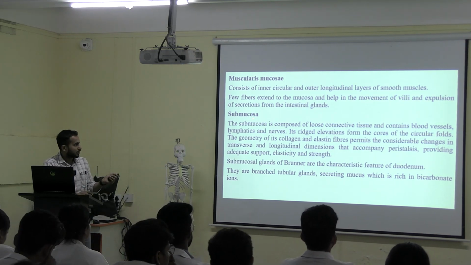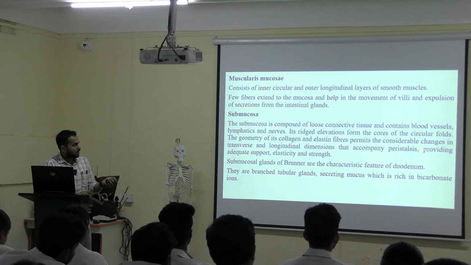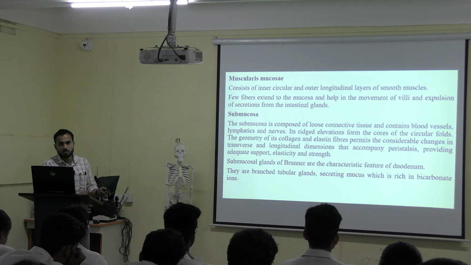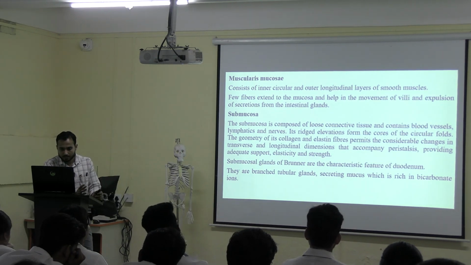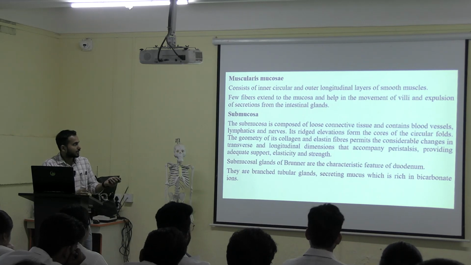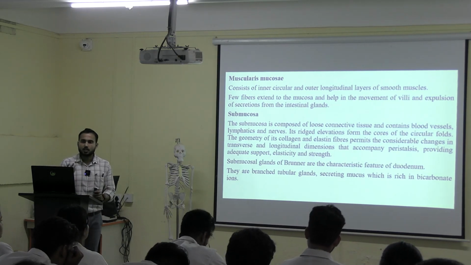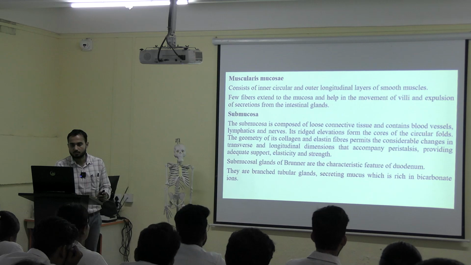These provide adequate support, elasticity and strength during peristalsis. So the collagen and elastin fibers present in the submucosa, during the movement, that is peristalsis, provide support, elasticity and strength to the small intestine.